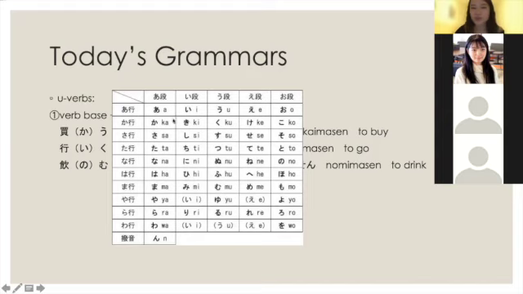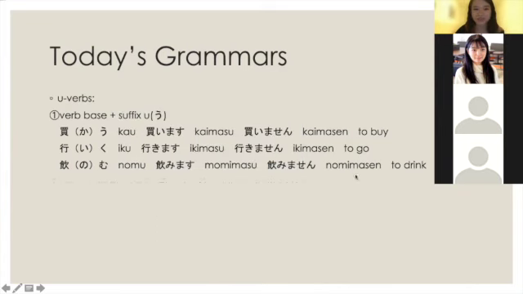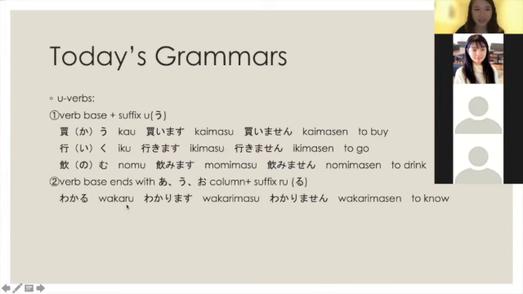Remove the ru, it's ka. So it belongs to the a, u, o, and the u-verb rule applies. What was the rule? You change to i, not e. So it's wakarimasu and wakarimasen. Wakaru, wakarimasu, wakarimasen.